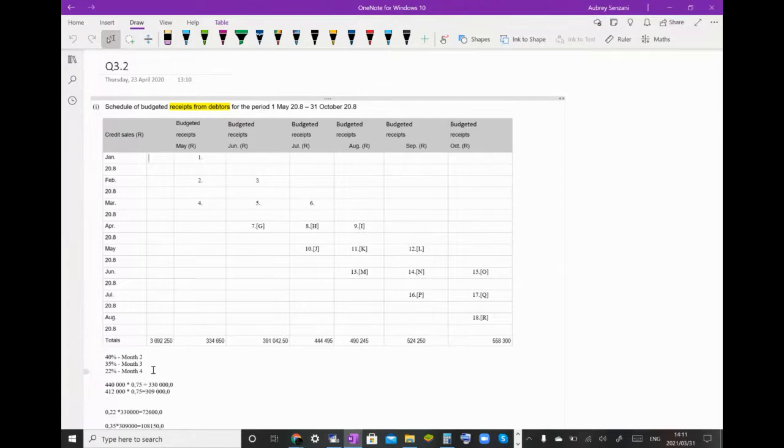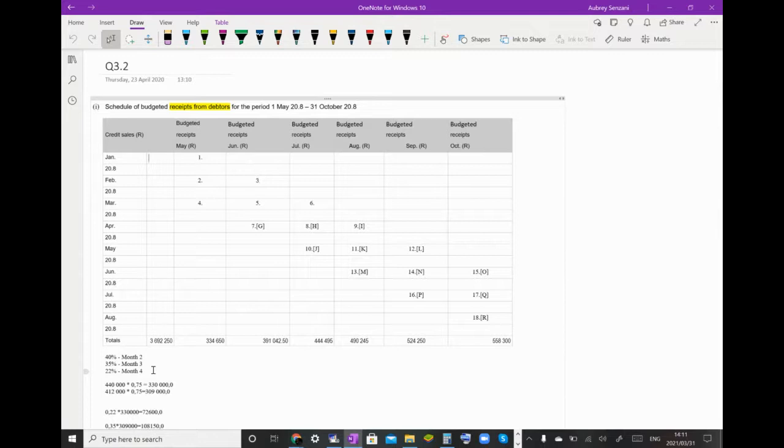Then note 3 says 40% of all purchases are on credit. So of the purchase amounts in the table, 40% is on credit. Purchases amounting to 240,000 are expected to be made in September. They're just giving us that information there.